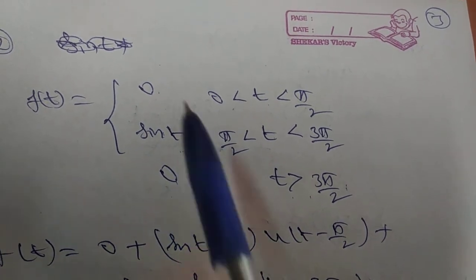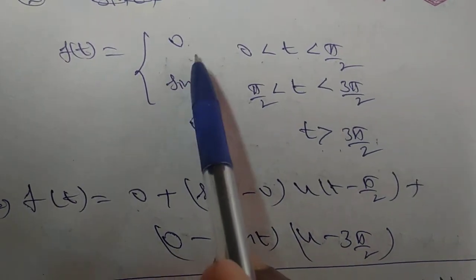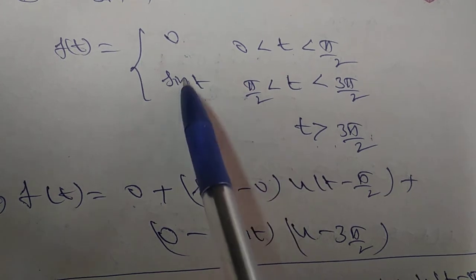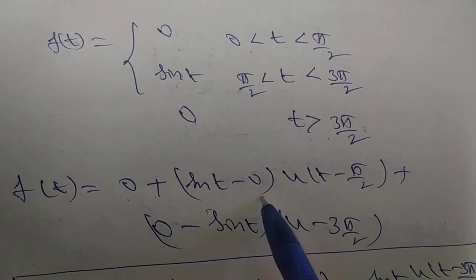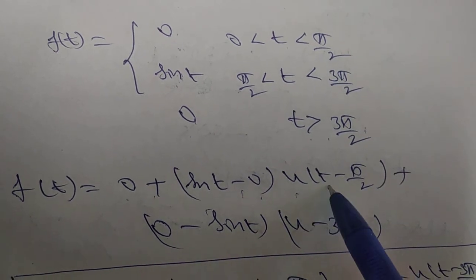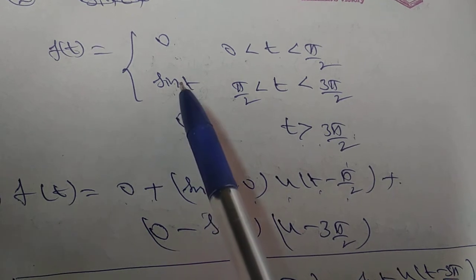What is the formula? f of t is equal to f1 of t. What is f1 of t? 0, plus second function minus first function. What is the second function? Sin t minus first function 0, into u of t minus a, u of t minus pi by 2, plus last function minus second function.